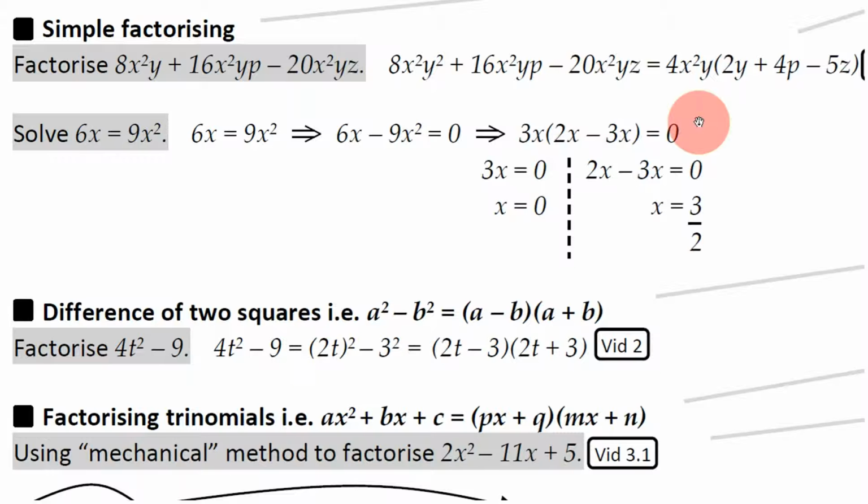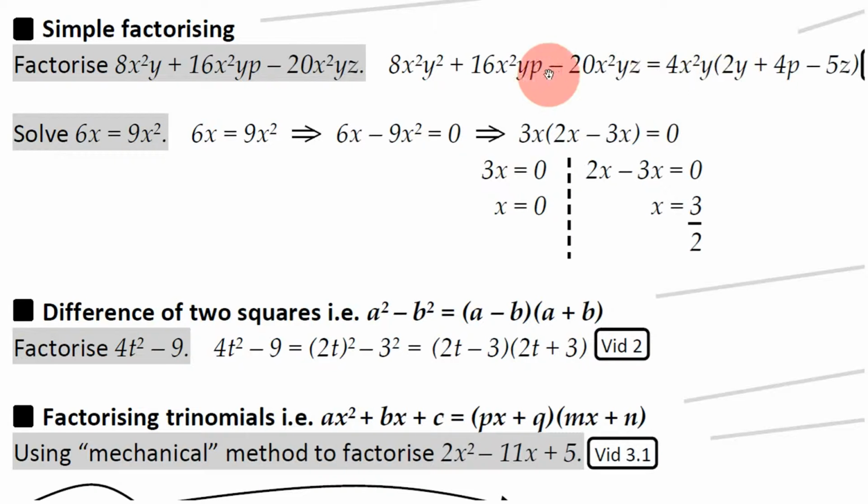It sounds a bit complicated, but when you break it down, it's not so hard. You think 4 times what makes the 8? Well, 4 times 2, so I put a 2 there. Then x squared times what makes x squared? Well, nothing, so you just leave it out. Y times what makes y squared? Y times y. And then there's nothing else. So that's the end of the first bit of the bracket.